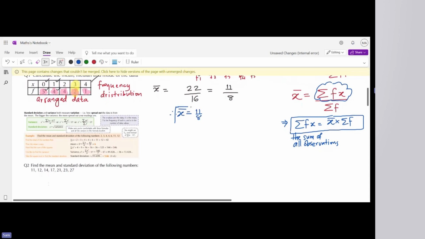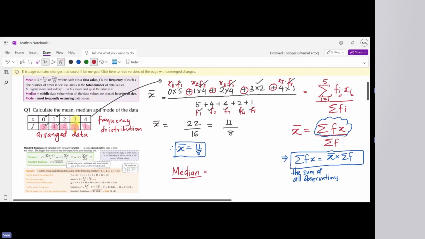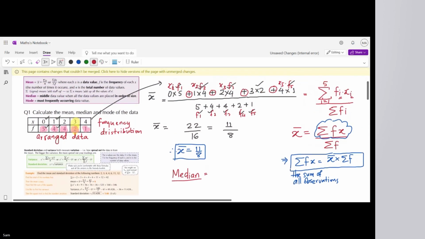What can you say about the median? What is the meaning of the word median? The middle number in the whole range of data.